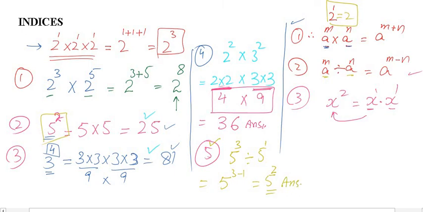But again, if we say find the value of this question, your answer is not in single index, it must be 25. Whatever the requirement, we go for that. Hope you understand how to write numbers in single index and how to find the value if you are given a single index. Thank you very much.